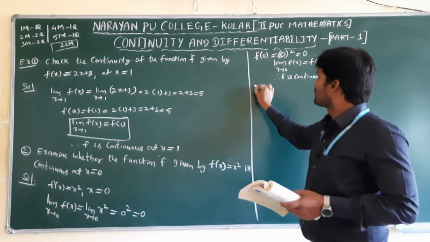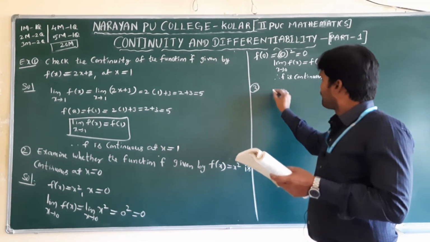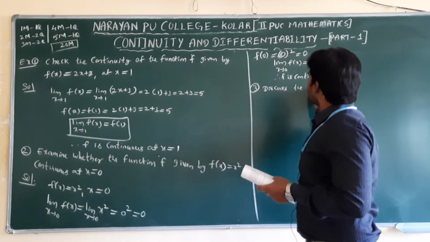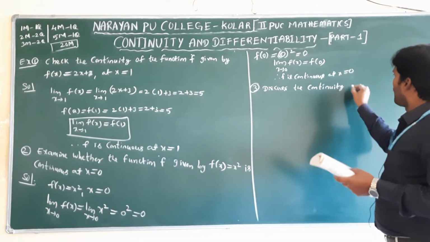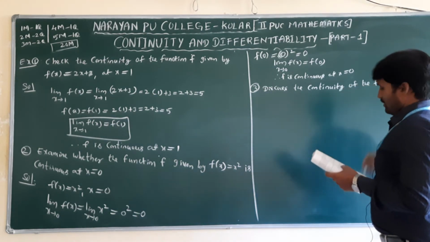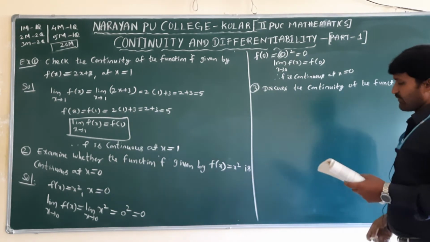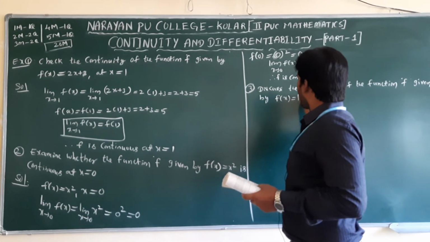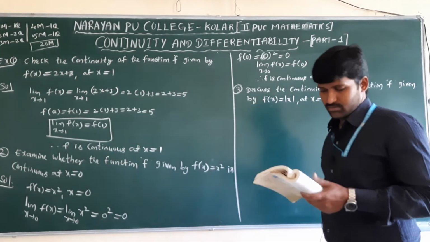Next question. Third example. Discuss the continuity of the function f given by f of x equal to mod x at x equal to 0.